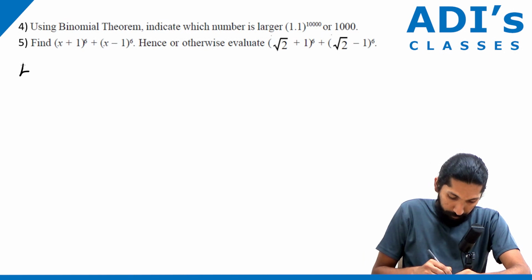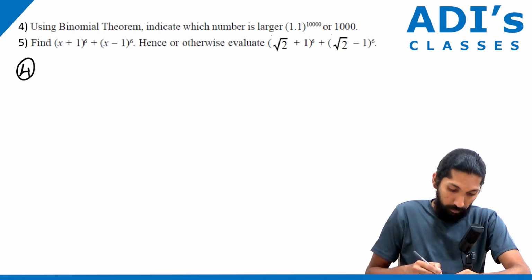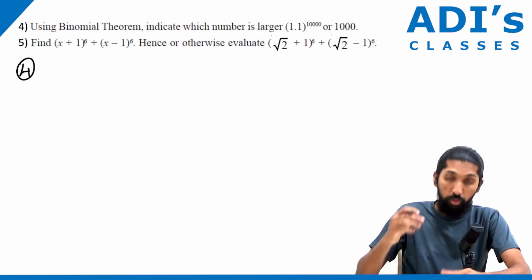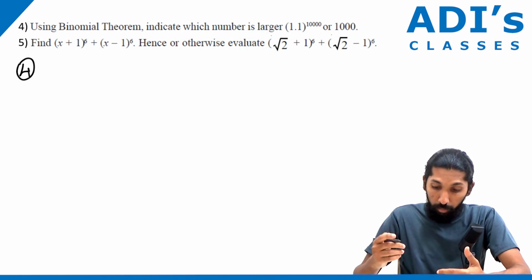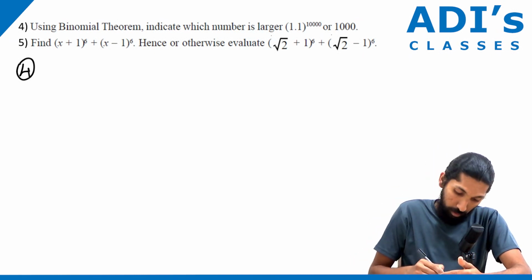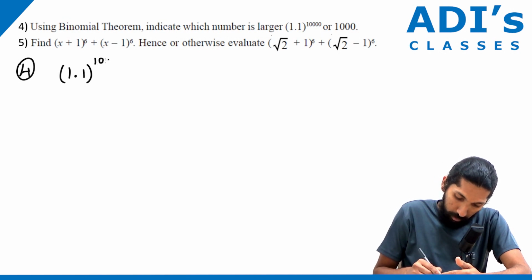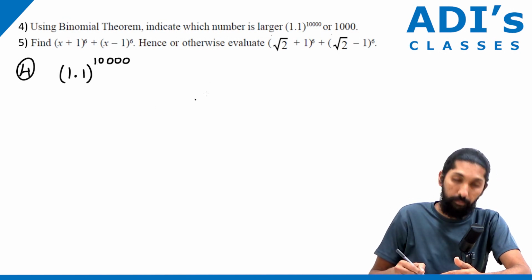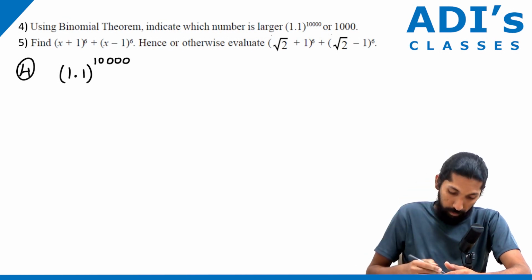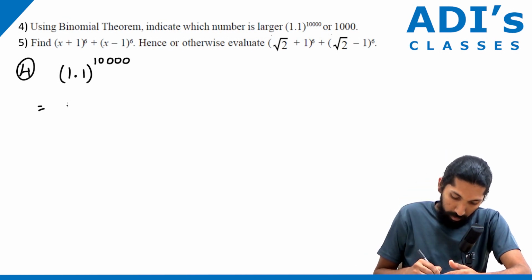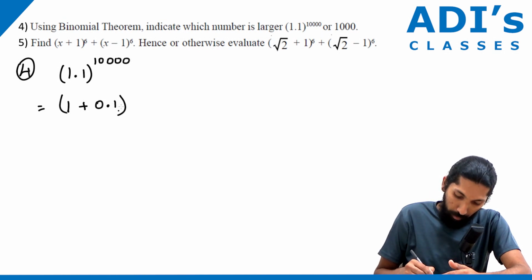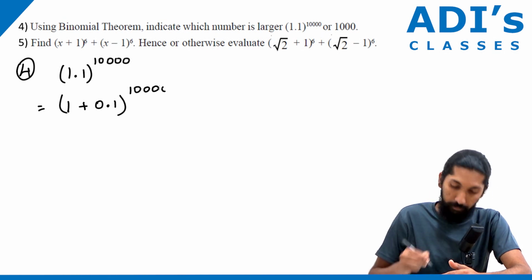So here, the fourth one, using binomial theorem, we'll do 1.1 whole power 10,000. Let's expand it. We can write this as 1 plus 0.1 whole power 10,000.